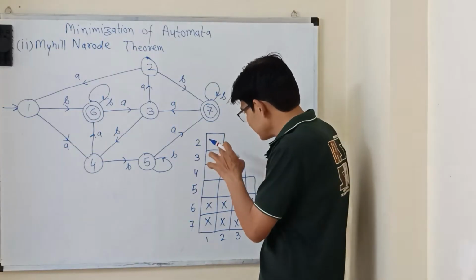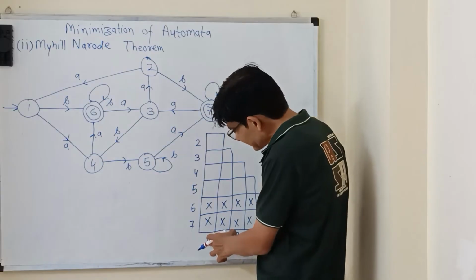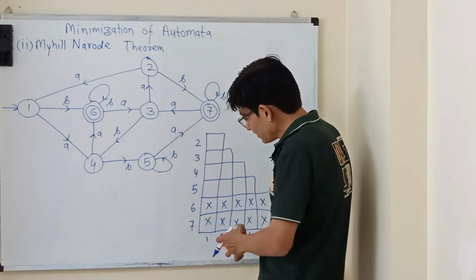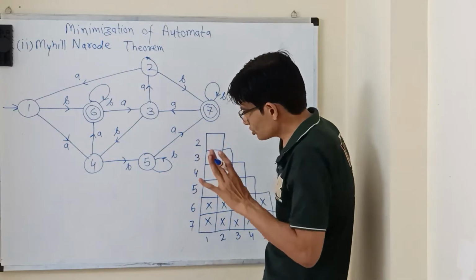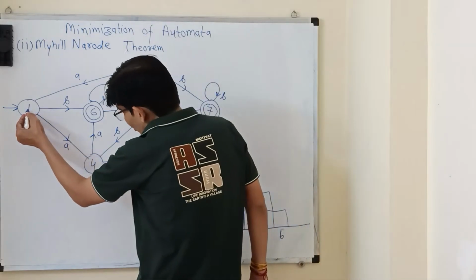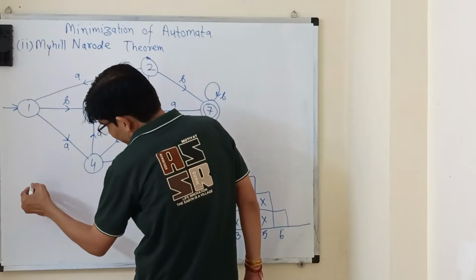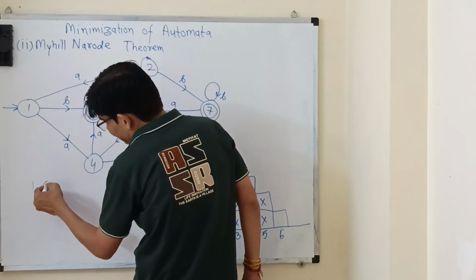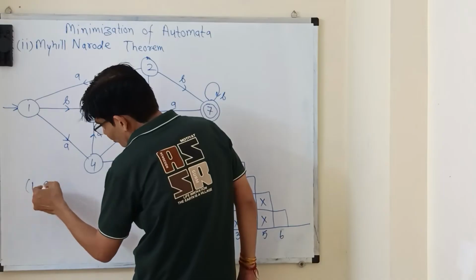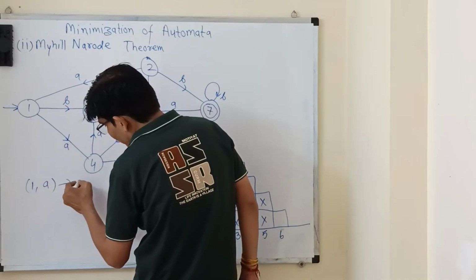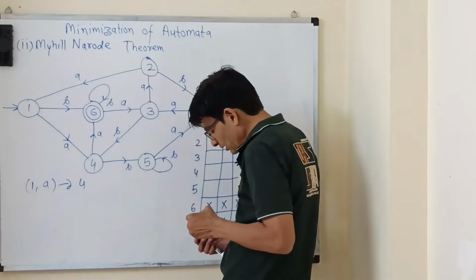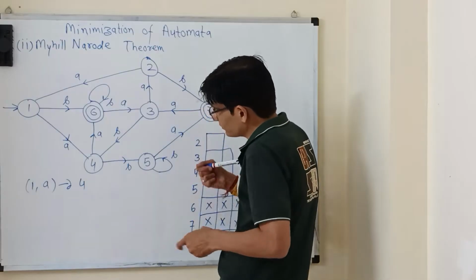To try this, we will check the transition of A for 1 and 2. On 1, if we are applying A, then we are moving to 4.